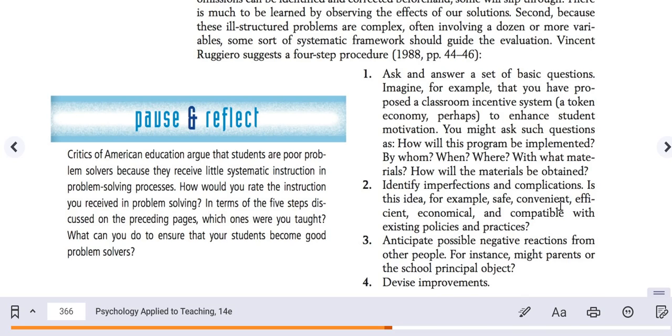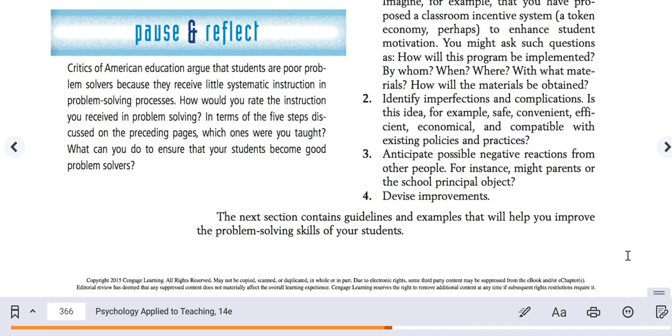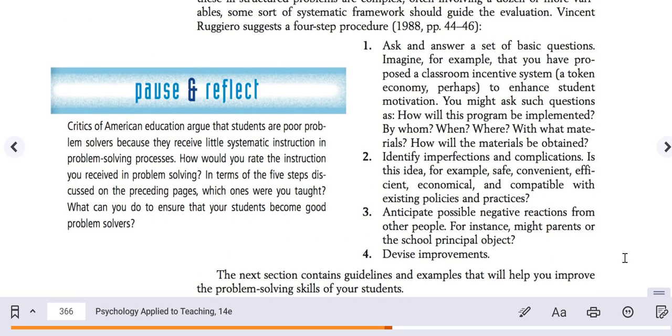Is this idea, for example, safe, convenient, efficient, economical, and compatible with existing policies and practices? Anticipate possible negative reactions from other people. For instance, might parents or the school principal object? Devise improvements. The next section contains guidelines and examples that will help you improve the problem-solving skills of your students.